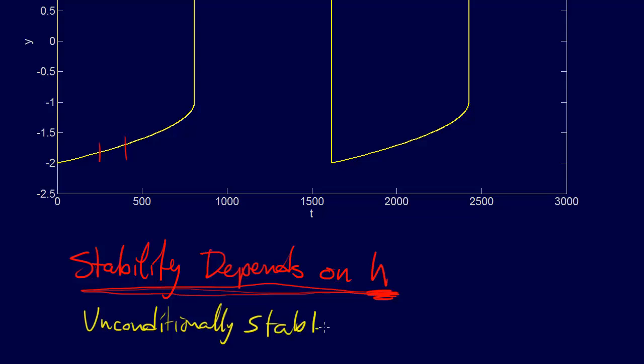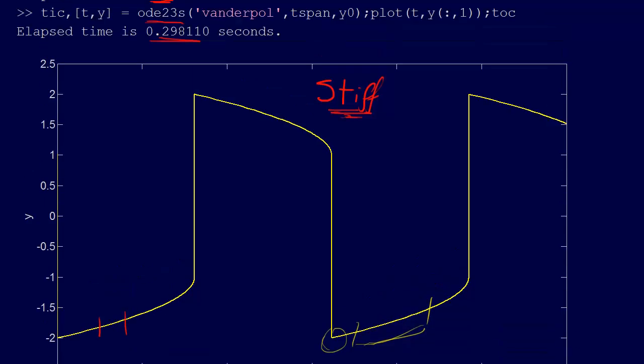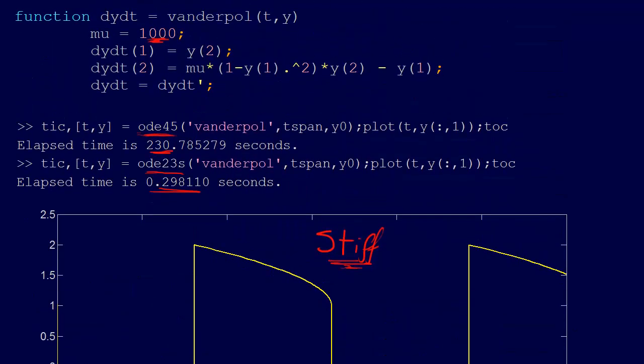That's really nice, because it means we don't have a stability that depends on the step size parameter, and so we can afford to use a larger step size in the regions where we see a small change, and a much smaller step size in the regions where there's a large change. So this is what happens when you run into a stiff problem.